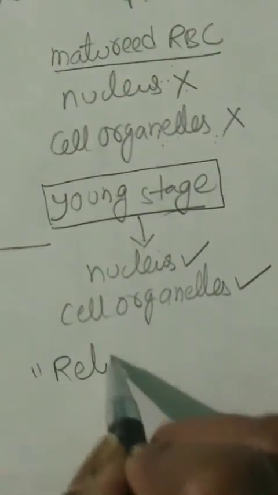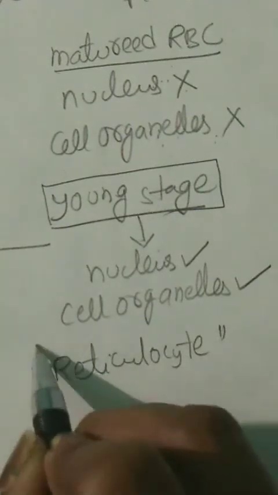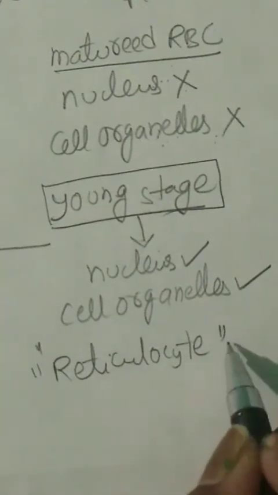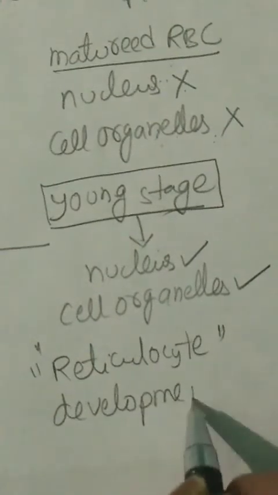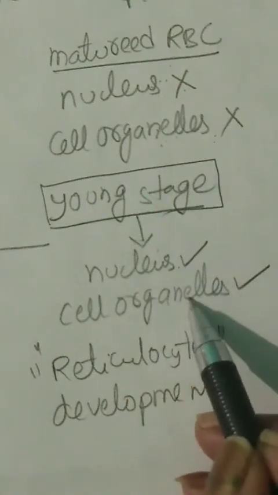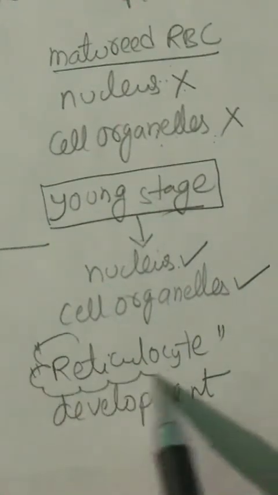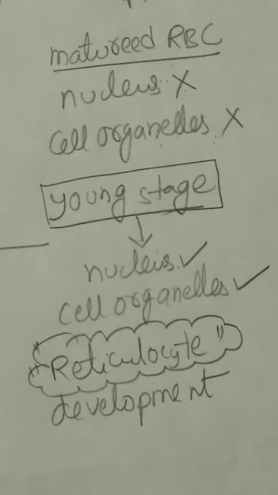In the reticulocyte stage, it loses its nucleus and other cell organelles.